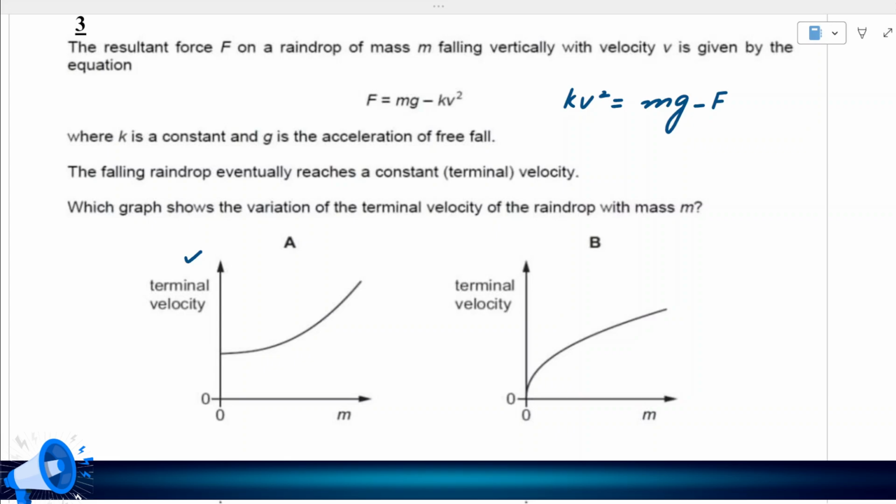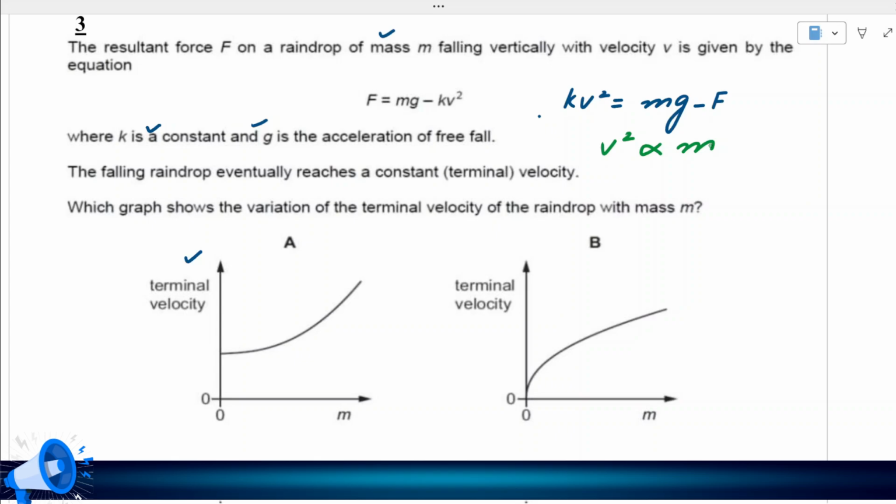Now since k is constant, g is constant, and f is constant, I can get rid of all the constants and the new expression can be written as v square is proportional to mass, because everything else is constant.